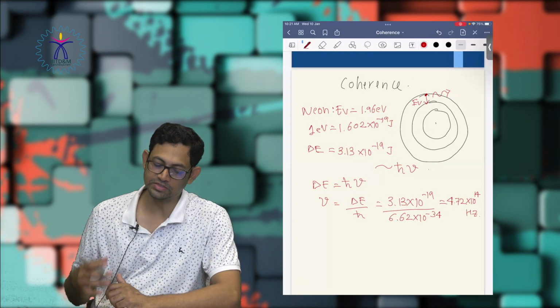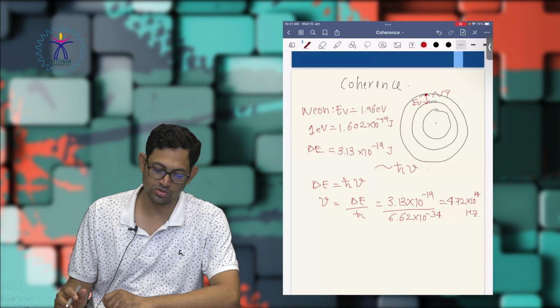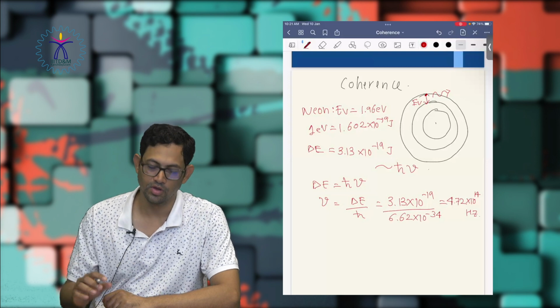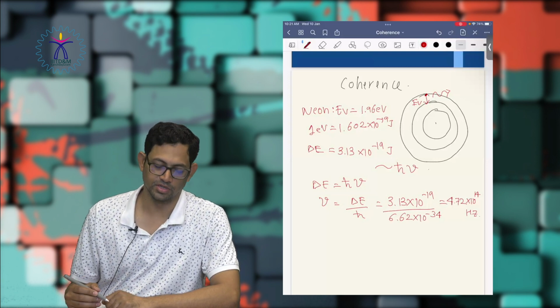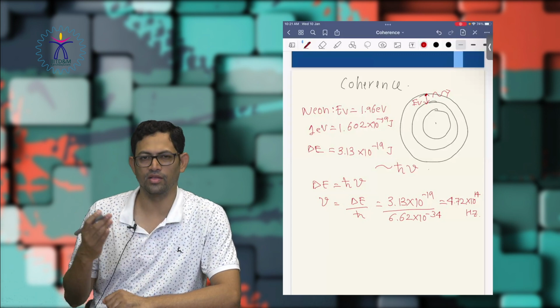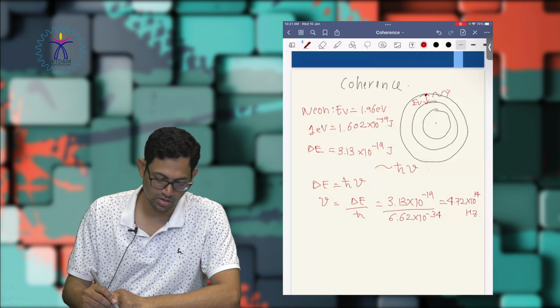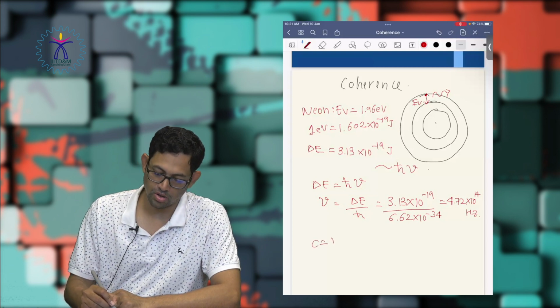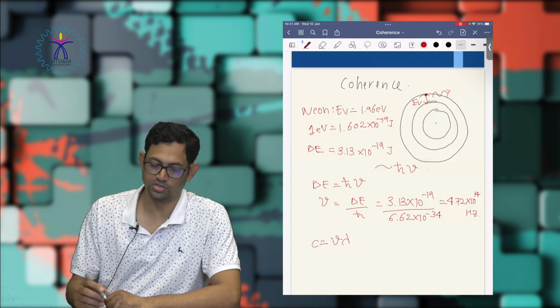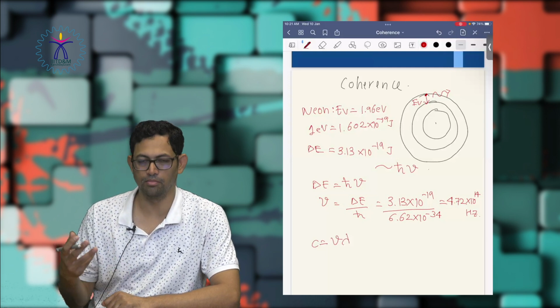Once we know the frequency, we also want to know the wavelength of the emitted photon, because the wavelength is more intuitive than the frequency. We know the relationship between the speed of light, wavelength and frequency: C equals nu lambda, or C equals f lambda. Here nu is used more than f.